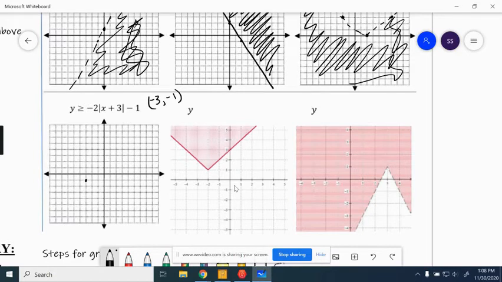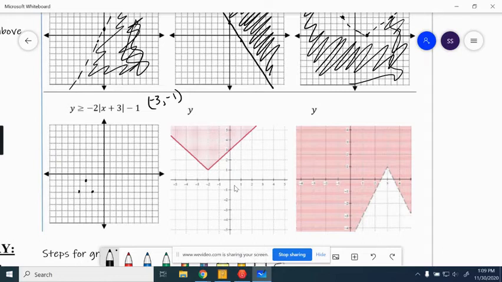And our slope is -2, right? Our slope is always our a value, so -2. So we're going to be going down 2 and over 1 in both directions. Okay, and now is it going to be a dashed or solid line? We have the line underneath here.